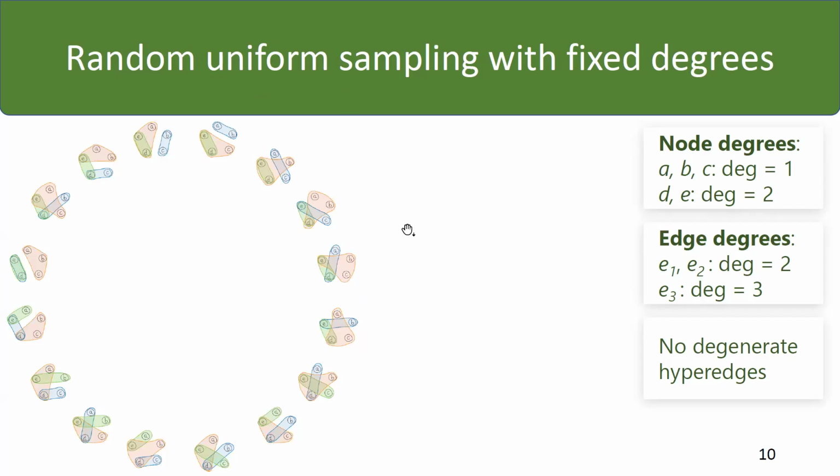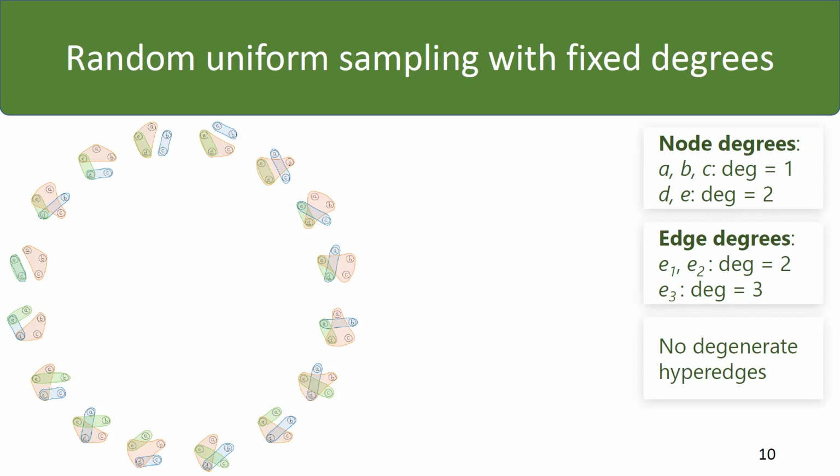These are the same 16 that we already had. And now we want to sample one of these uniformly at random. And this is not so difficult because you can just throw a 16-sided die and then pick the hypergraph that corresponds to the number that you get.